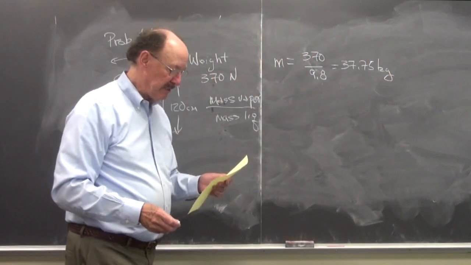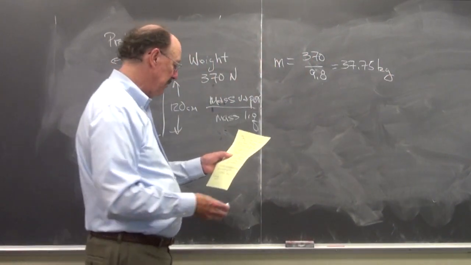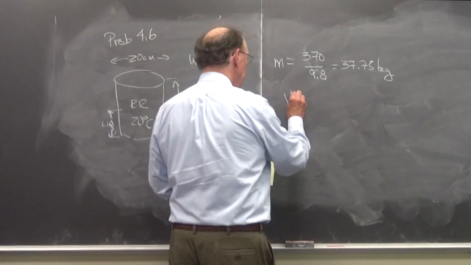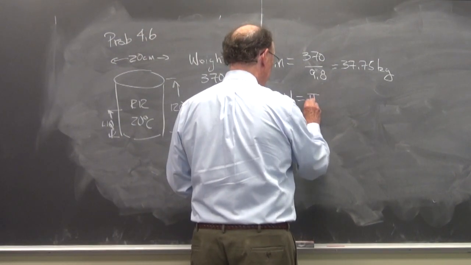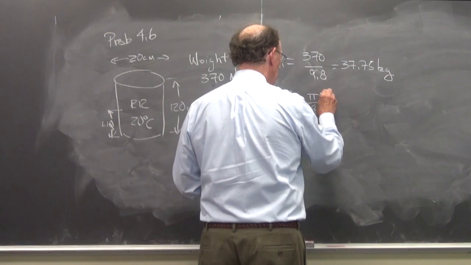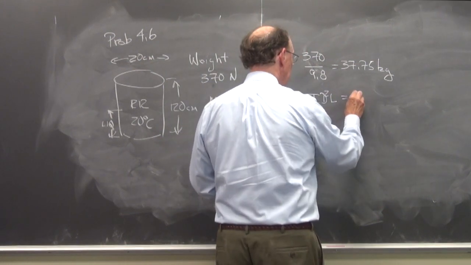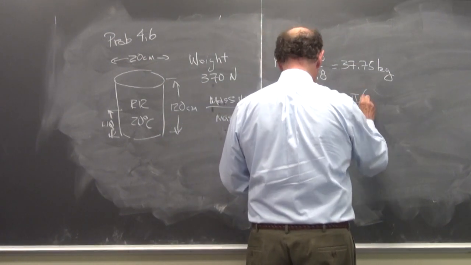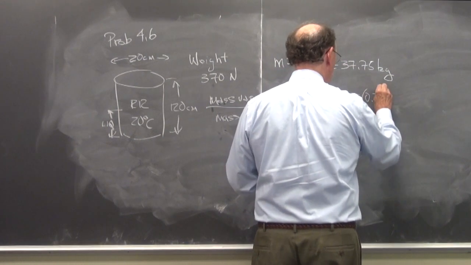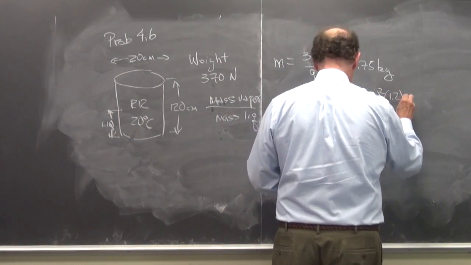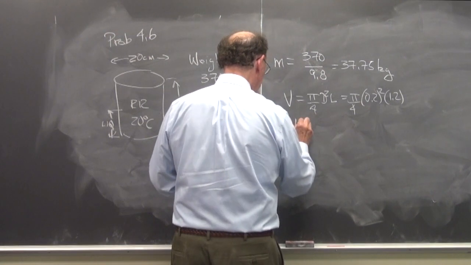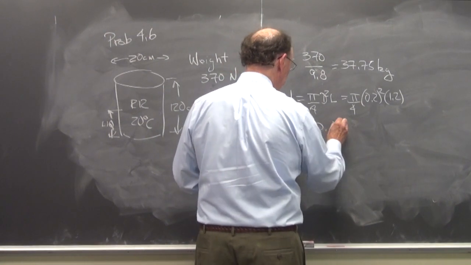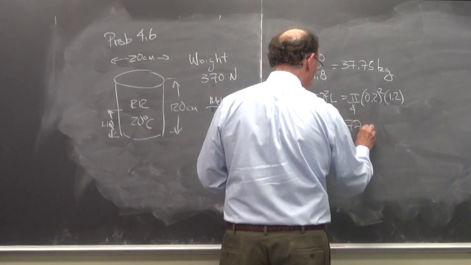I'm going to calculate the volume so I can find the specific volume. The volume is equal to pi over 4 d squared L. We're going to do it in meters: pi over 4 times 0.2 squared times 1.2. It gives us a volume of 0.0377 cubic meters.